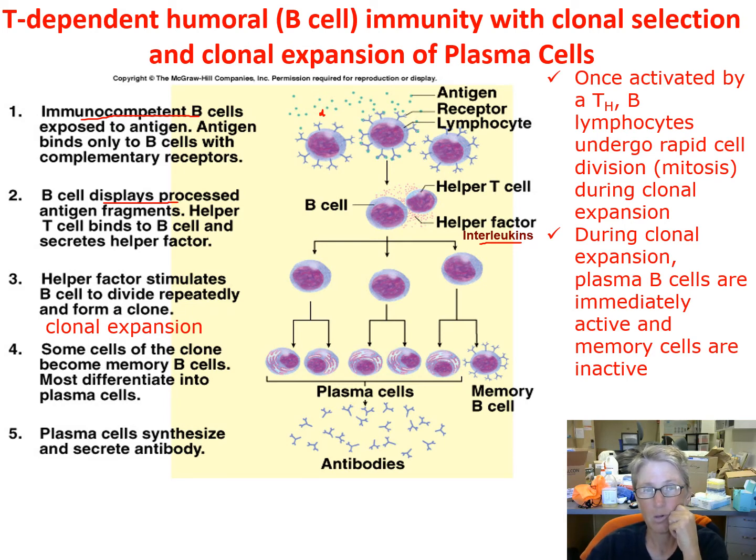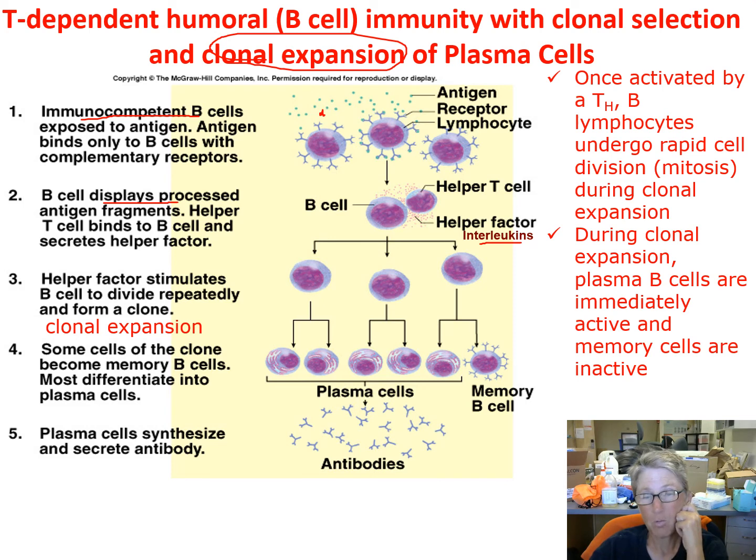So that's where we get clonal expansion in the title of this slide. Clonal selection is just when this original B cell gets selected to form a clone because this original B cell bound to that specific antigen.